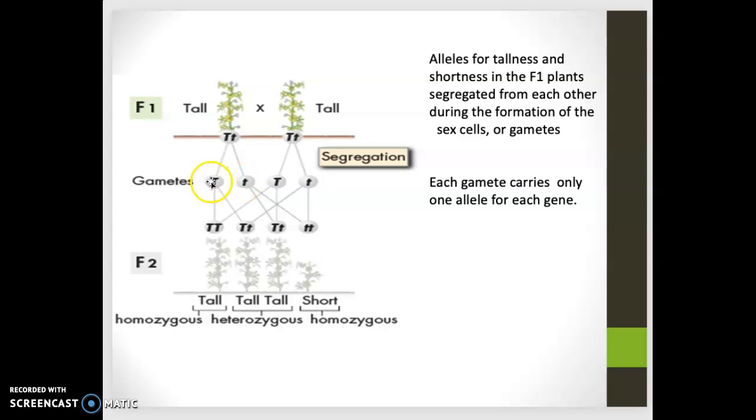I could get either a capital T or a lowercase t from this plant's pollen. And from this one, I could have an egg that had either a capital T or a lowercase t in it. Then when the pollen and the egg combine, we have these different combinations of alleles possible in their offspring.